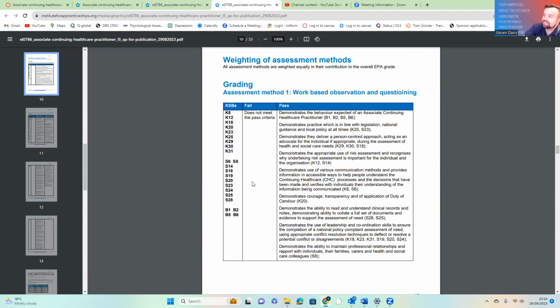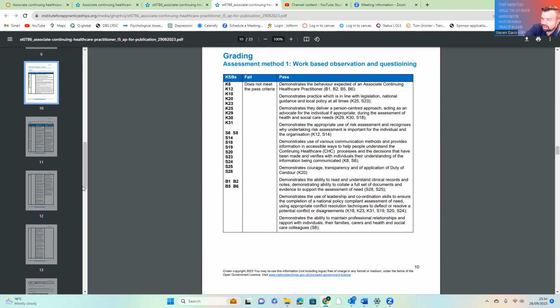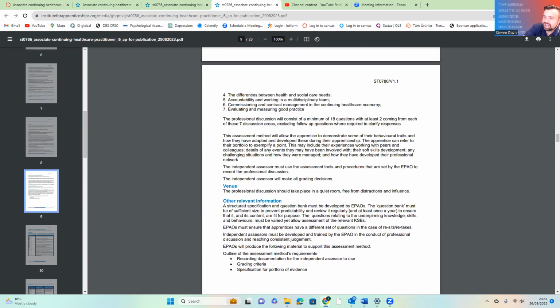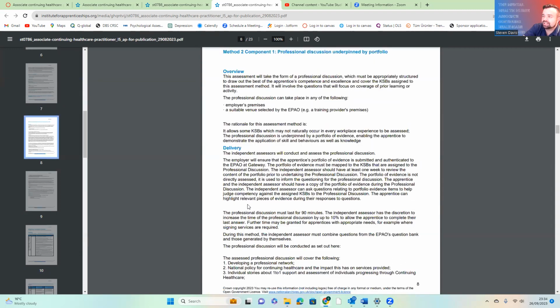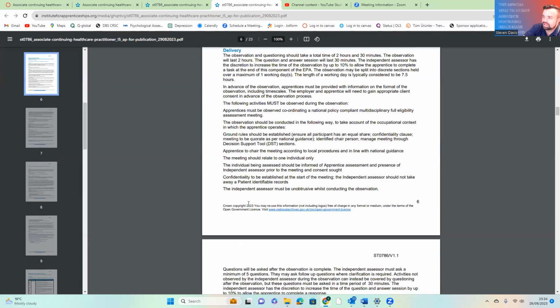The other one is an observation and question. This is where you are observed contributing towards the Associate Continuing Healthcare Assessment. Again, it lists the areas that will be covered during that observation.